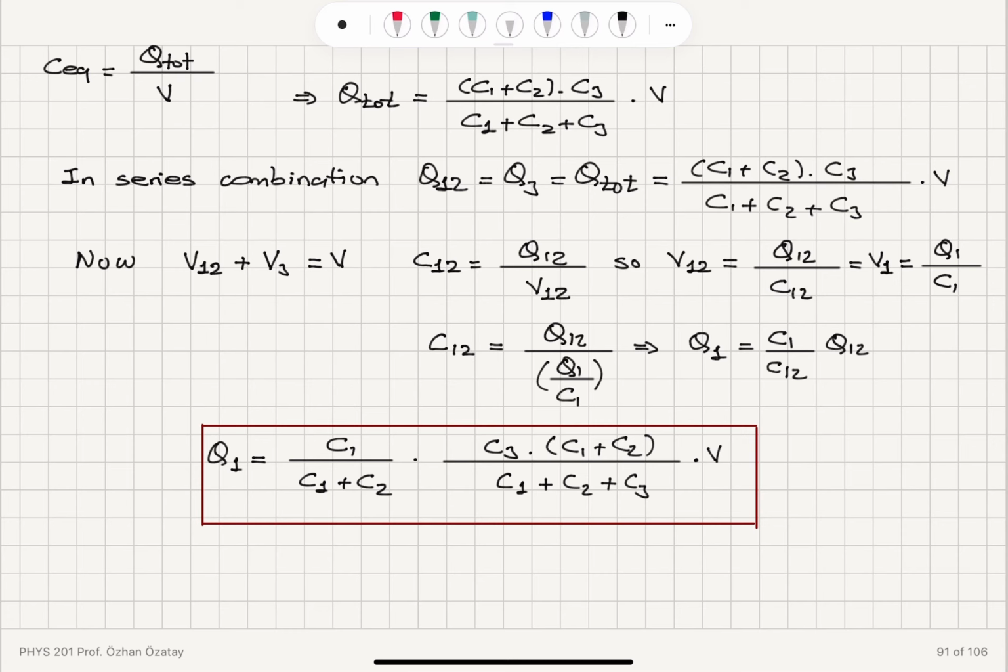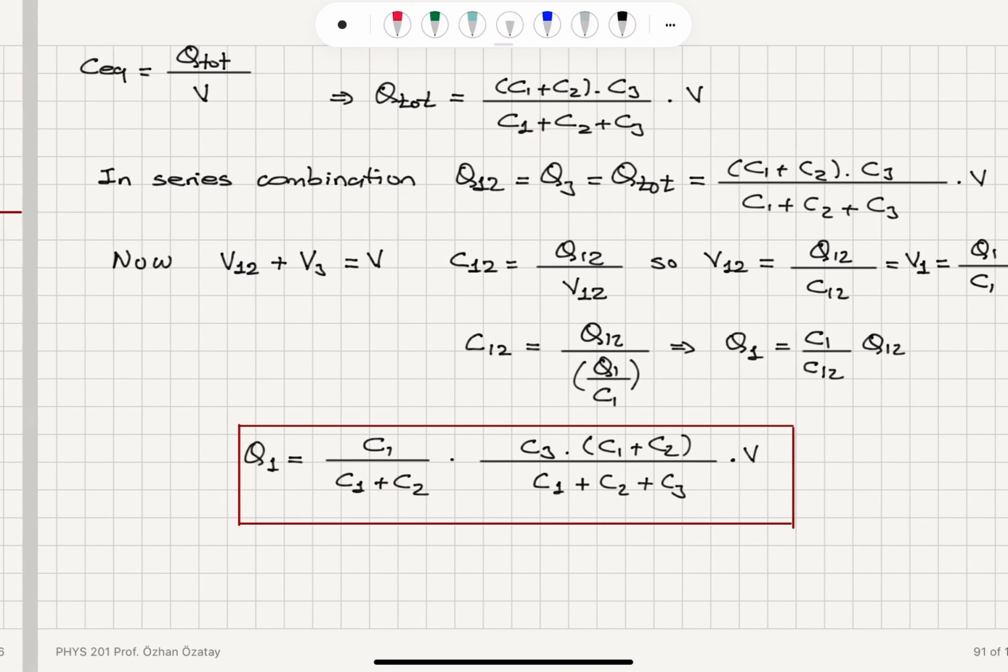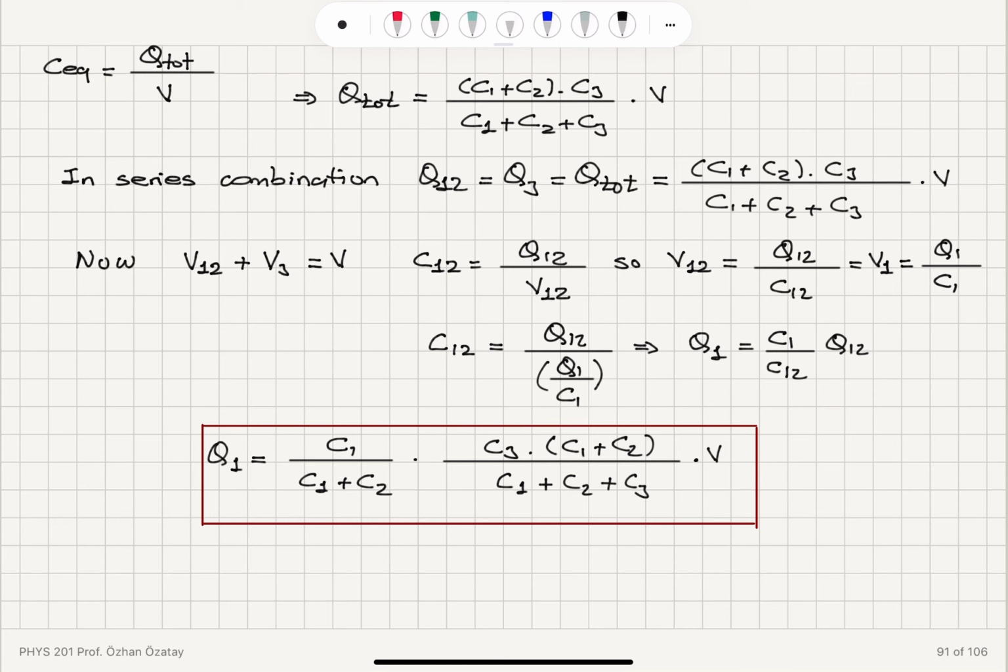Therefore, Q1 is C1 over C12 times Q12, and C12 is C1 plus C2. Q12 is just the total charge stored. It's the same amount of charge stored on C3, which is C3 times C1 plus C2 divided by C1 plus C2 plus C3, our equivalent capacitance between A and B, multiplied with the voltage V.